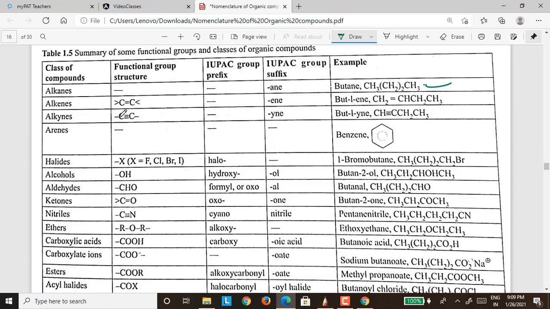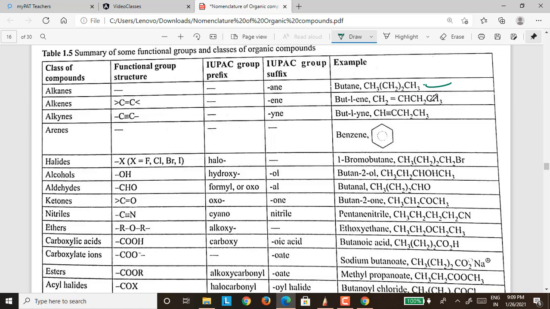Okay. Next, alkene. Alkene means C double bond C, with carbon connected with some other groups, and there is no prefix for this. For alkane, alkene, alkyne, arenes, there is no prefix, and it should be suffix only. And the suffix is ene, means alkene. That is ethene, propene, butene, etc. So 1-butene, in position one alkene is there.